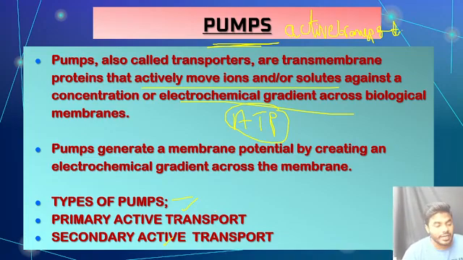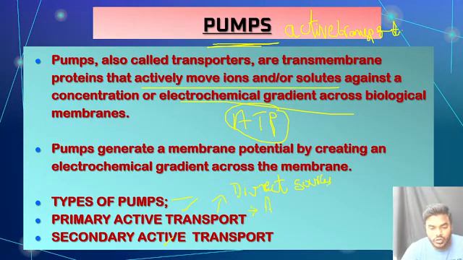One point is very clear: active transport means, friends, using the energy, that is for sure. But primary active transport means using the energy from direct sources, which we call primary active transport.